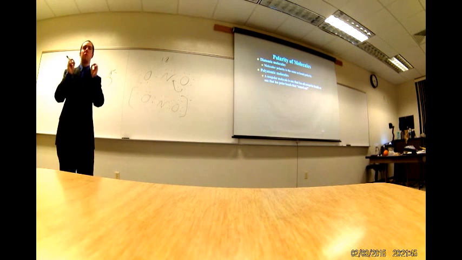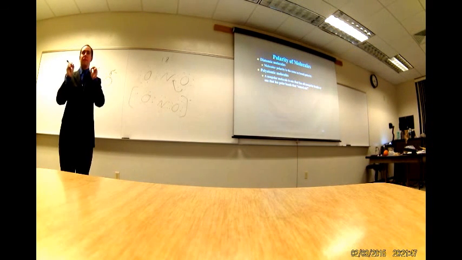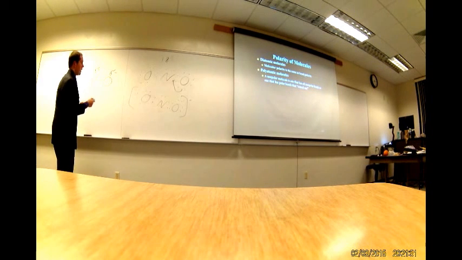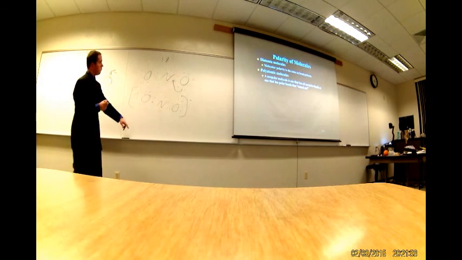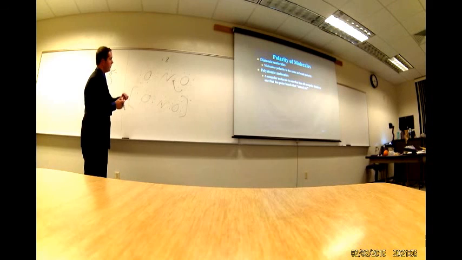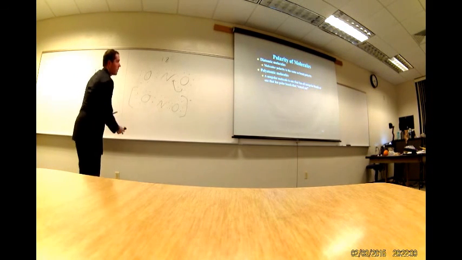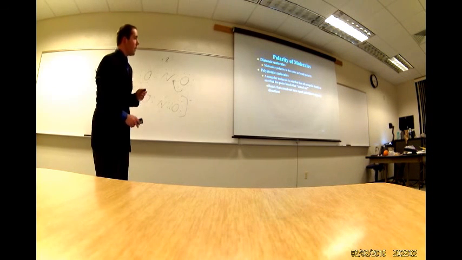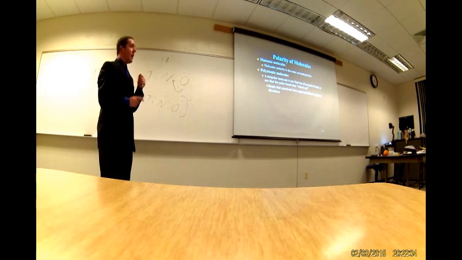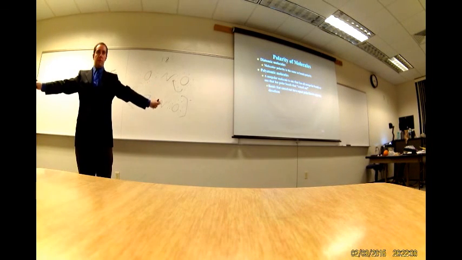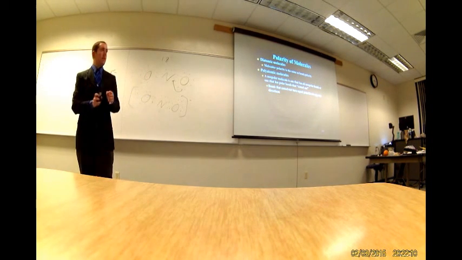Last semester, students really had a hard time visualizing this. I guess nothing I have drawn up here is a good example. If you have equal polarities, but they're in opposite directions, they're going to cancel out.